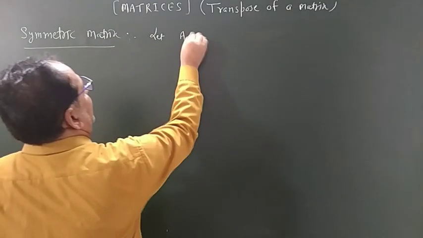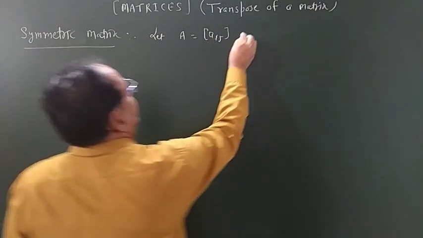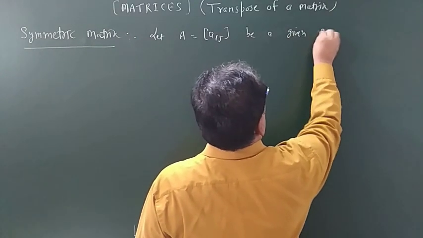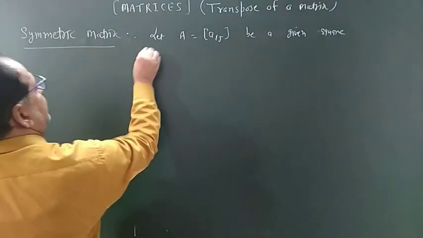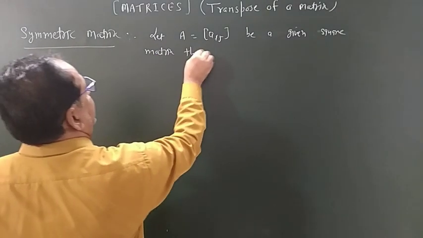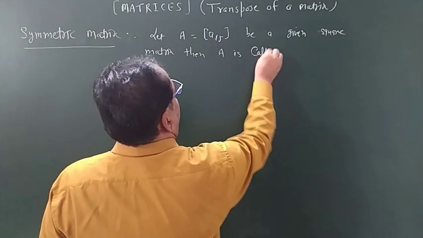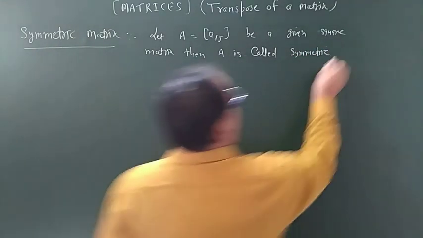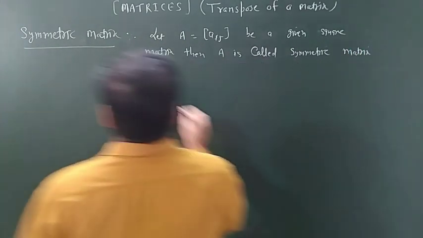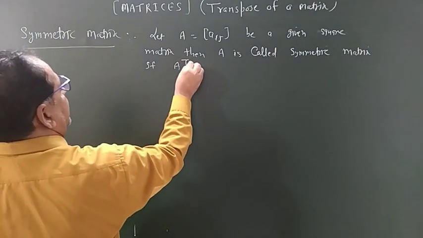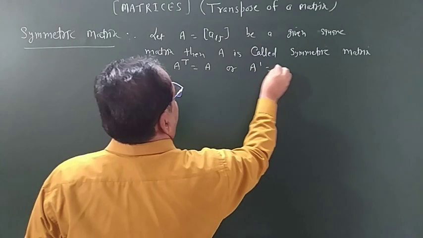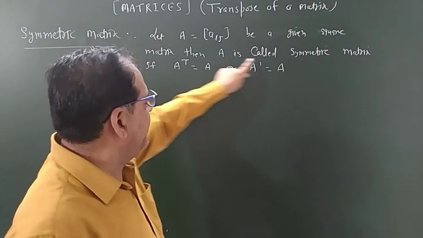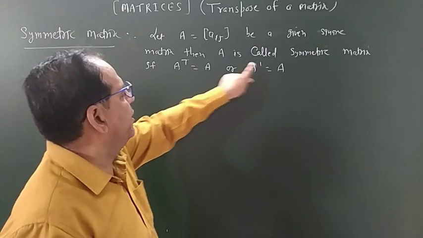Let A equal to Aij be a given square matrix, then A is called symmetric matrix if A transpose equal to A or A dash equal to A. A be a given square matrix, then A is called symmetric matrix if A transpose equal to A or A dash equal to A.